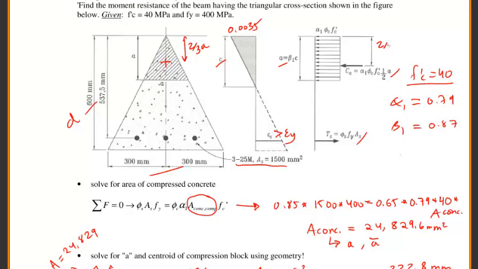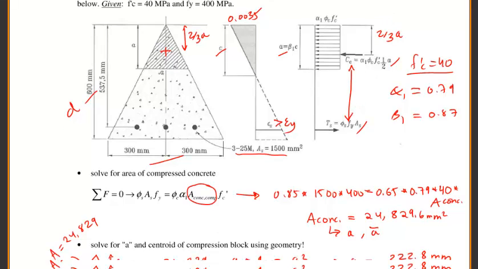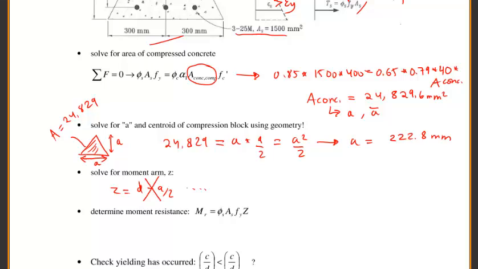So this value here is 2/3 a. So this z is just going to be d minus 2/3 a. In our case, a bar is 2/3 a, and z is just d minus 2/3 a. We're going to use this a little bit later.